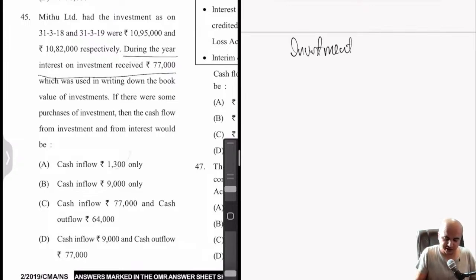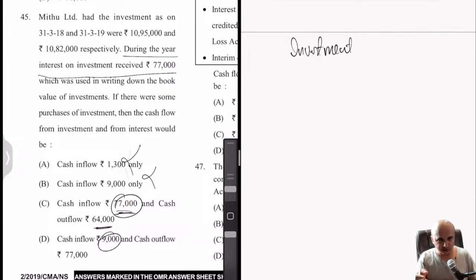Cash flow 1,300 only, obviously wrong. Second option also. Third option says cash inflow 77,000. From what? Interest. And cash outflow 64,000. Maybe that is there also, but the moment I see cash inflow, I wouldn't even bother checking the other calculation here, because here also we have a different inflow which is wrong anyway. 77,000 is for sure.